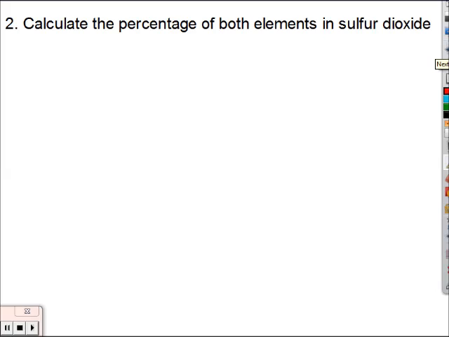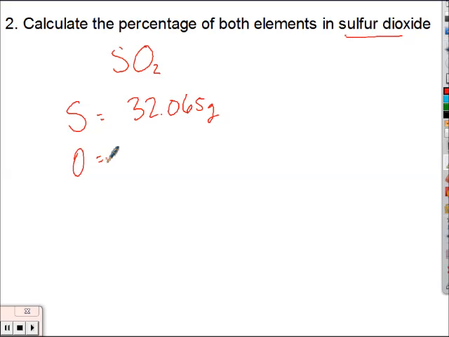We could try this again for sulfur dioxide. In this case, they're asking you to go back and remember how to write a formula. Sulfur, and you see di, it means 2, sulfur dioxide. Sulfur is 32.065, and oxygen is 15.999.